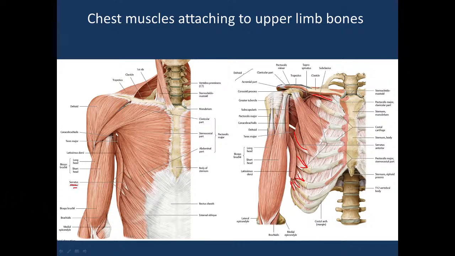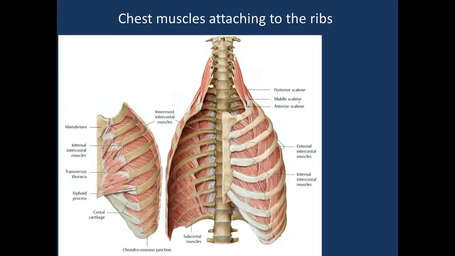It is visible on the lateral wall of the chest, especially in males, because they have stronger such muscles. It starts from the ribs, but connects to the scapula and moves scapula anteriorly.